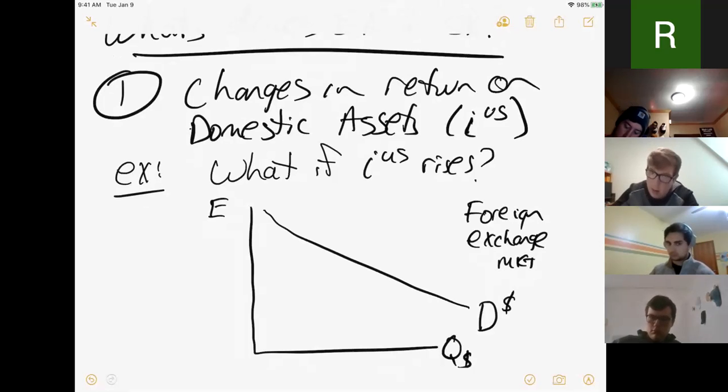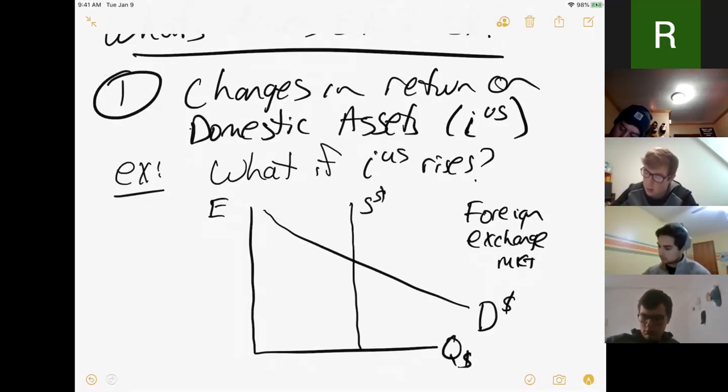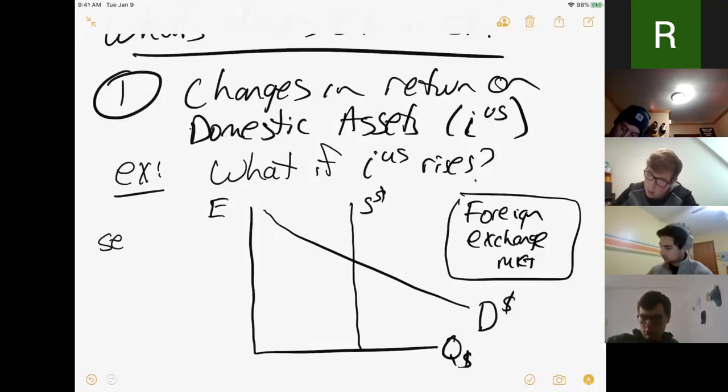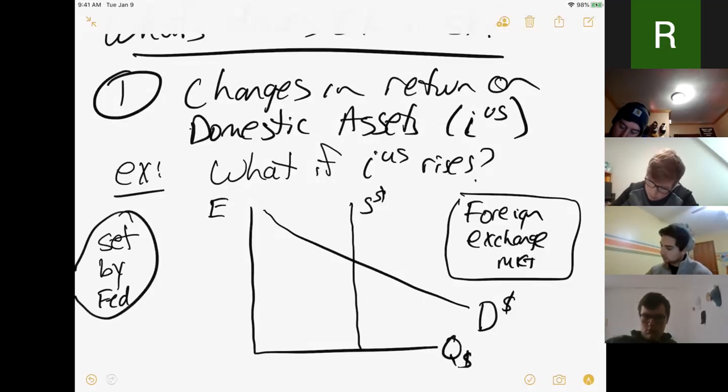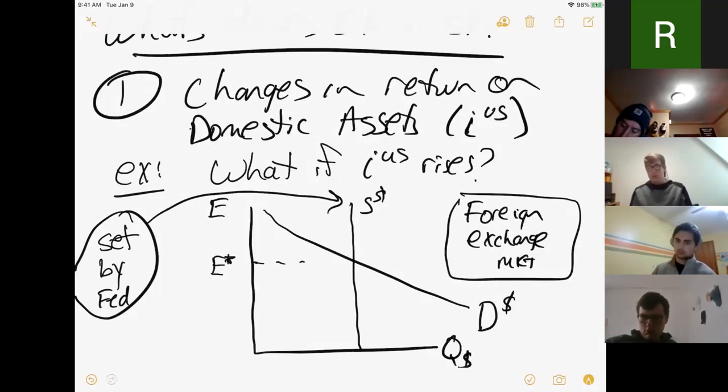The supply actually probably looks different, because the supply of dollars is really set by the central bank. In this case, because we're talking about the dollar, it's set by the Fed. That determines the equilibrium exchange rate.